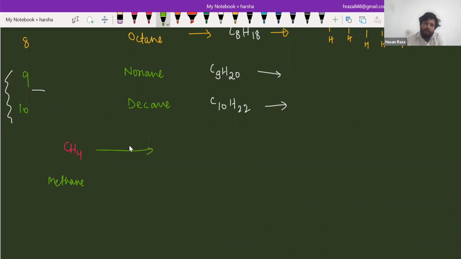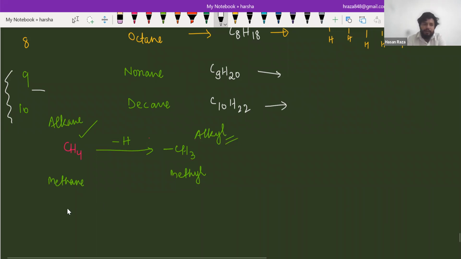But if you eliminate one hydrogen from this methane, it will be CH3, and one valency of carbon will be free. So it will be known as methyl. And this is basically alkane, and what we generally call alkyl.